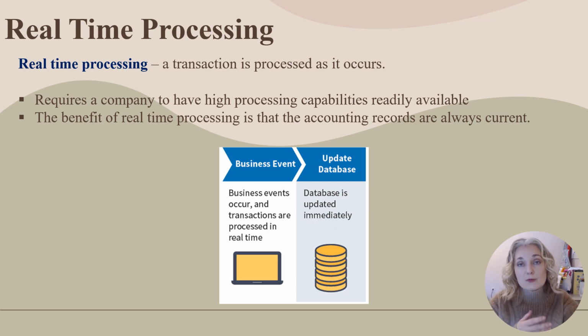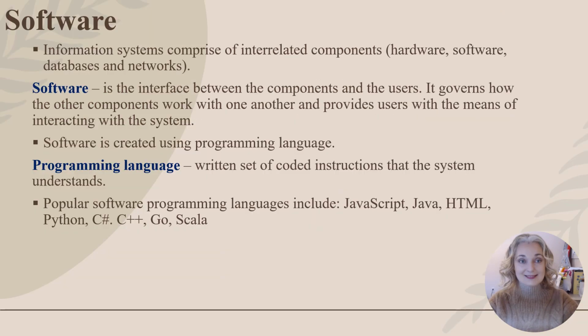You don't have to wait for a batch to occur to get the newest information. You can retrieve the data right away and you will have all the information you need. And in this type of system, you have a business event occurring, and those transactions are processed as the event occurs, and your database is immediately updated.